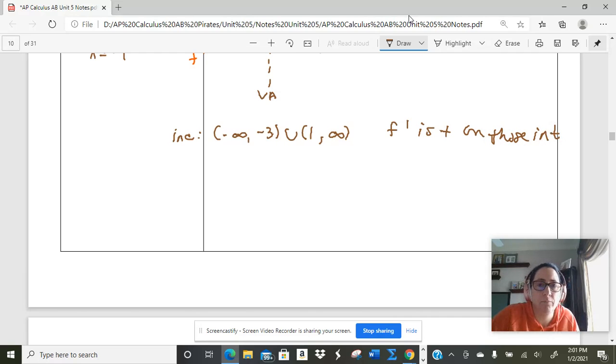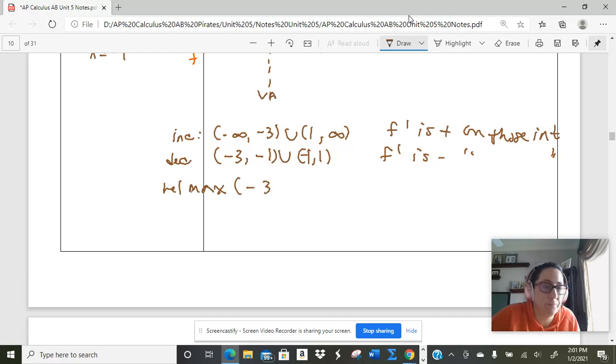So increasing, where f prime is positive, decreasing, where f prime is negative. I have a relative max at -3, -8.